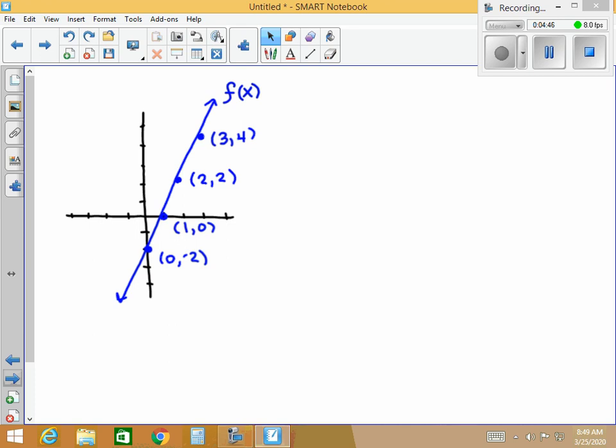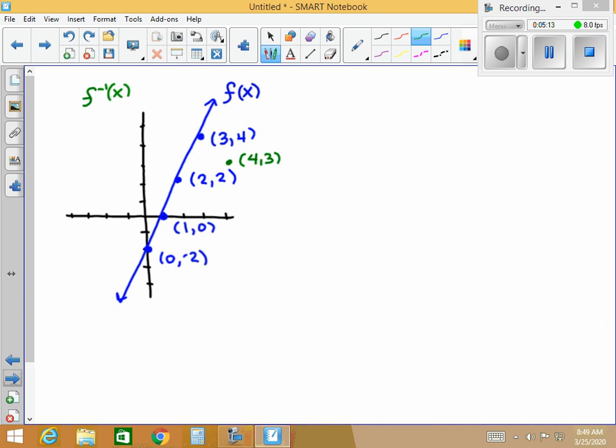But since this function is one-to-one, if I want to sketch a graph of its inverse, if the point (3, 4) is on the graph of f, then I know (4, 3) is on the graph of the inverse. From our diagram that we just had, we said (a, b) is on one, (b, a) is on the other. We don't have to do anything fancy. We don't change any signs.